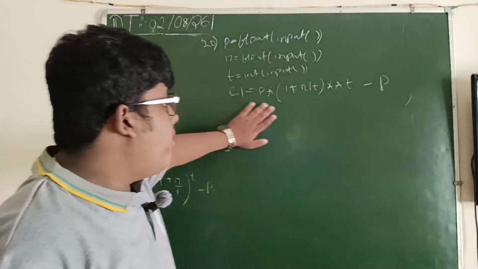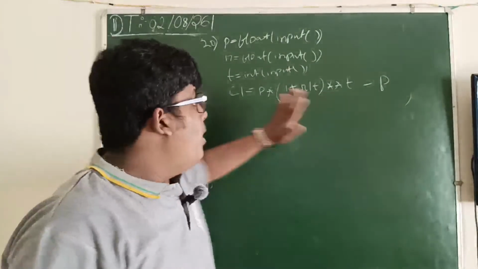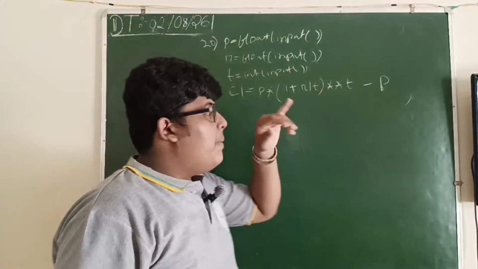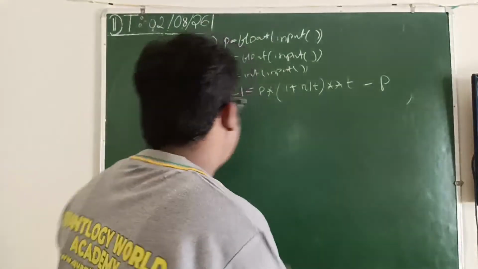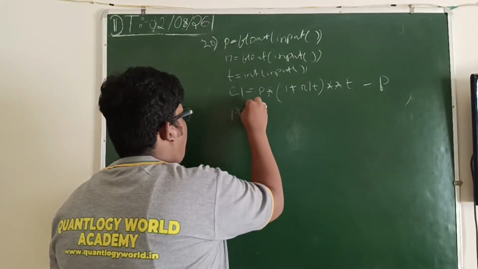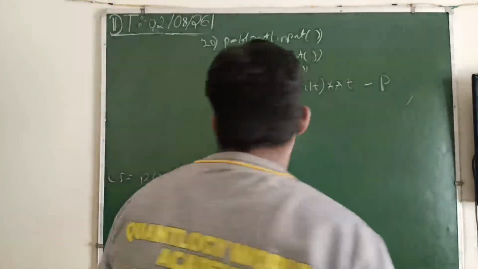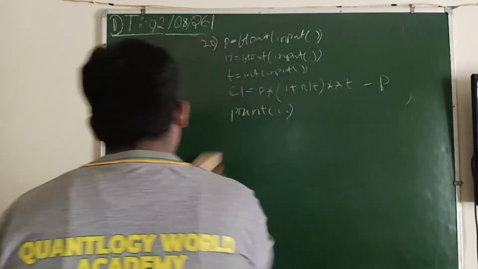In this formula I have written Python code: P asterisk 1 plus R slash T whole double asterisk T minus P. Now this is the formula for compound interest. So this program is also completed.